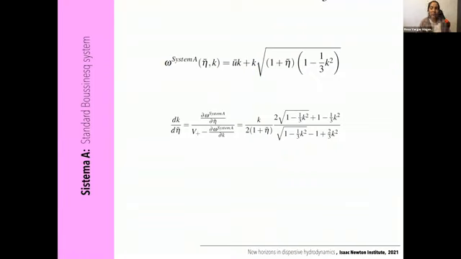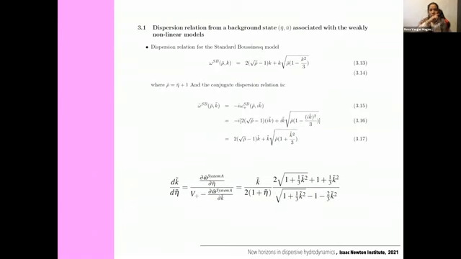Well, once we have all these formulas, we can set the matching equations that will give us the equation for the wave number at the harmonic edge and the solitary edge. This is the equation at the harmonic edge, and this is the equation at the solitary edge.